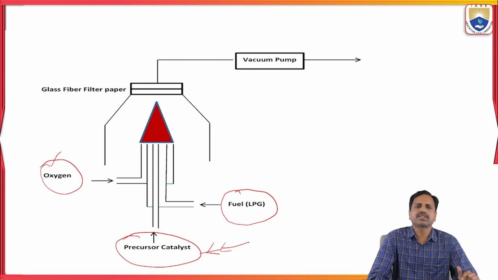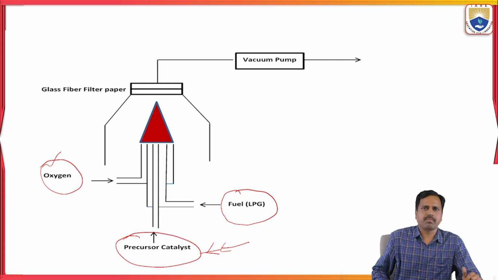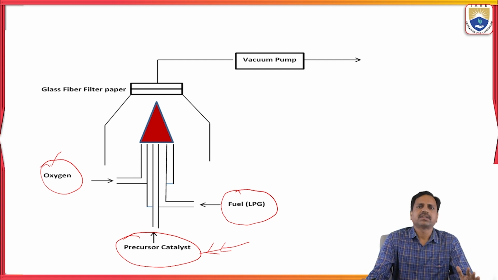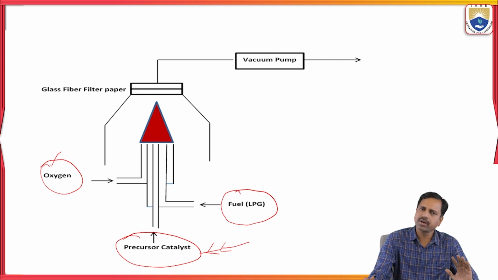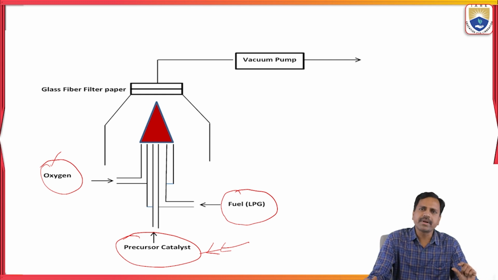Only after synthesis do we go for calcination, to remove any amorphous particles. With flame synthesis we can also synthesize carbon nanomaterials, carbon nanotubes, and metal-doped and carbon-doped nanomaterials.